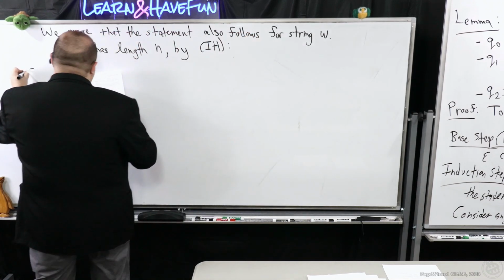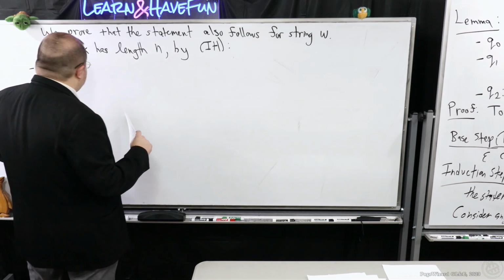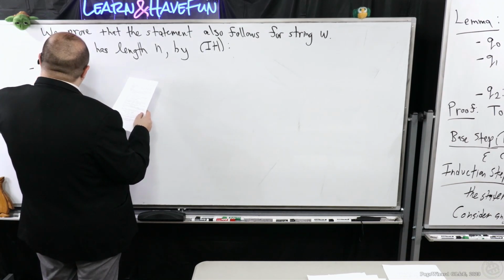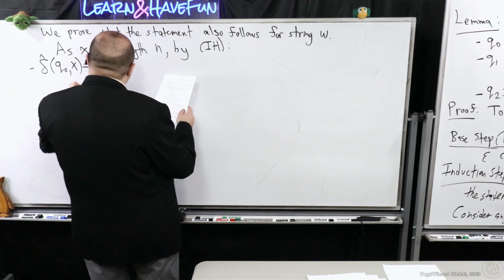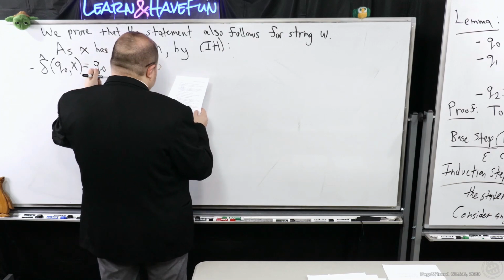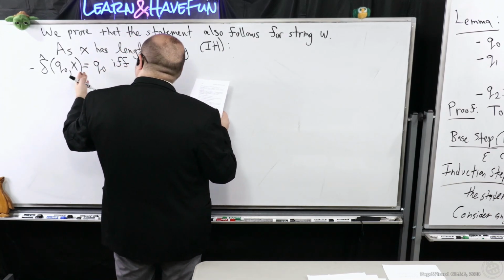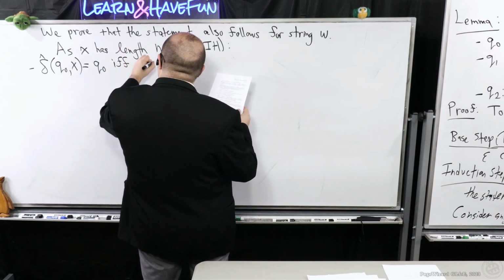So what can we say? Well, we just pull up our statement and we just plug in X, because it has length n. So we know delta hat q0 x is equal to q0 if and only if x contains no zeros.